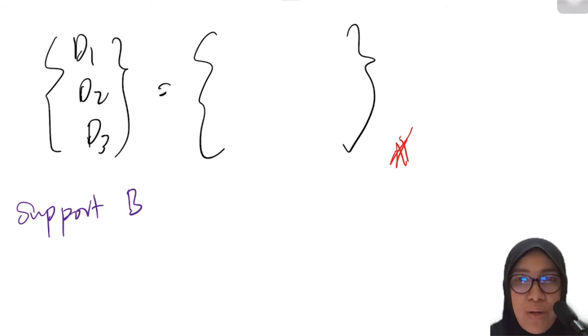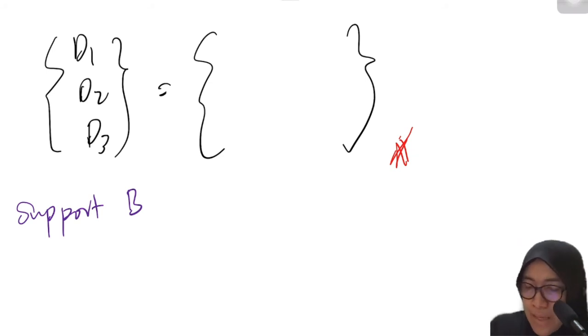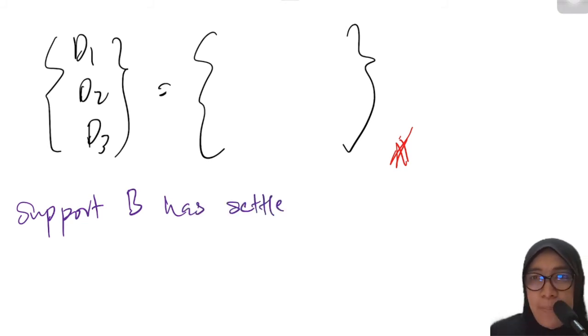So let's say support B has settled or displaced. Normally if it is for the vertical displacement, it is settlement.